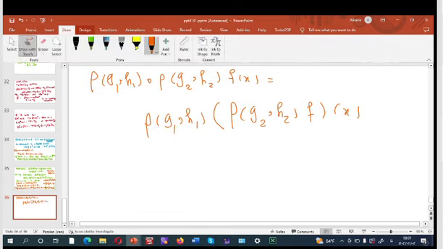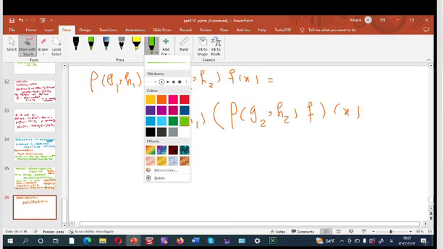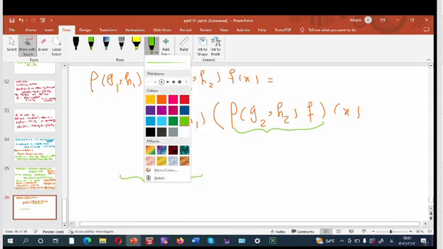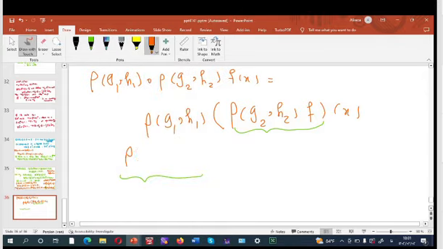So if we consider this is equal to, you must write this: rho of G2 H2 of f of the inverse of G1 star x star H1. Okay.